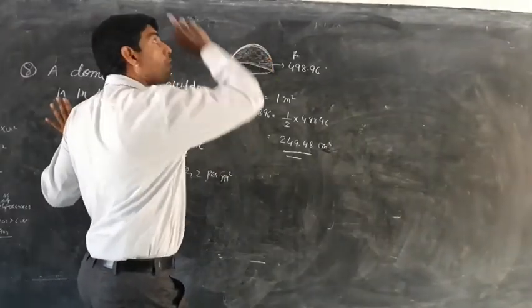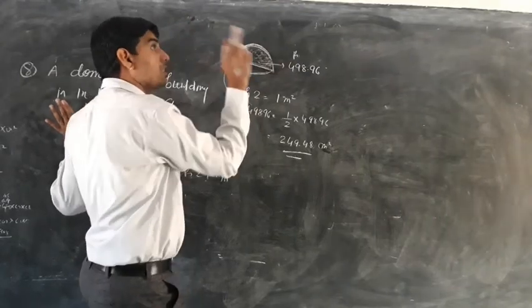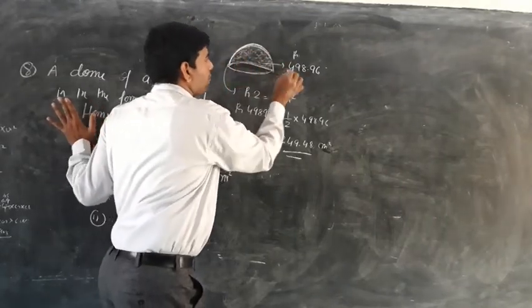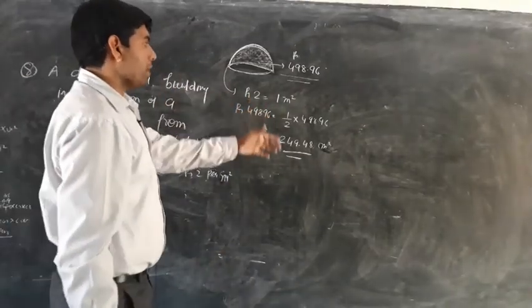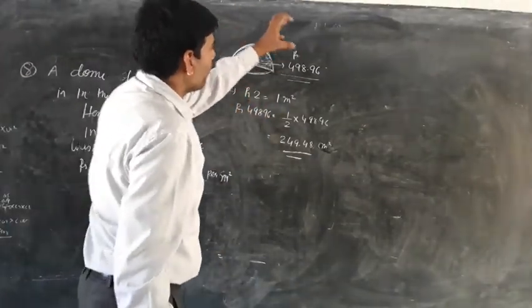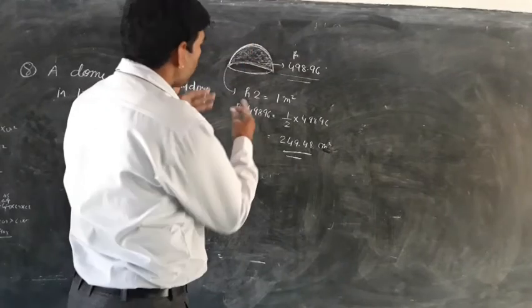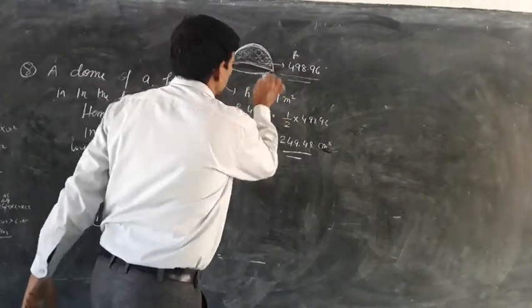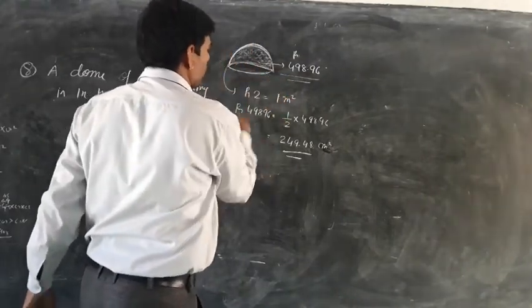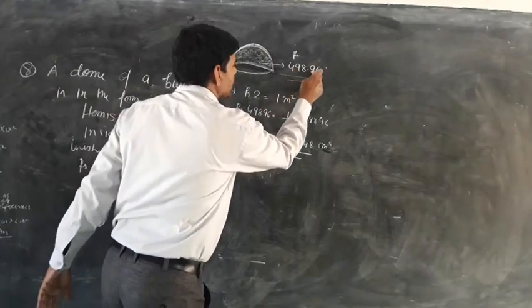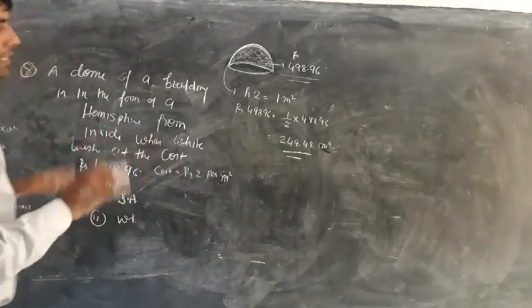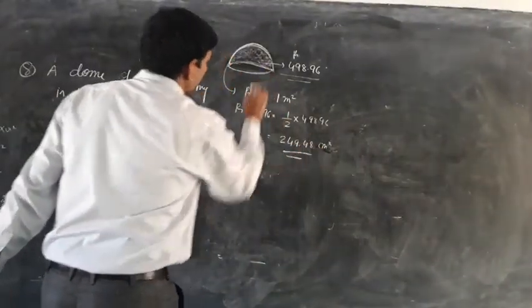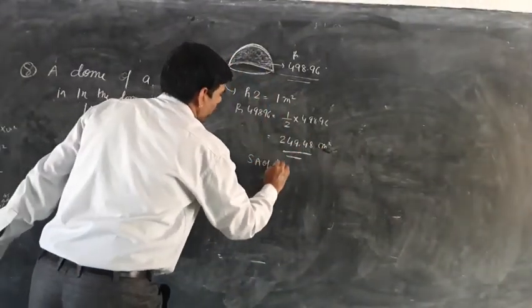The total cost of whitewash for this dome's curved surface is 498.96, at the rate of rupees 2 per meter square. Converting rupees to meter square, 498.96 divided by 2 is 249.48 meter square. That is the surface area of the hemisphere.